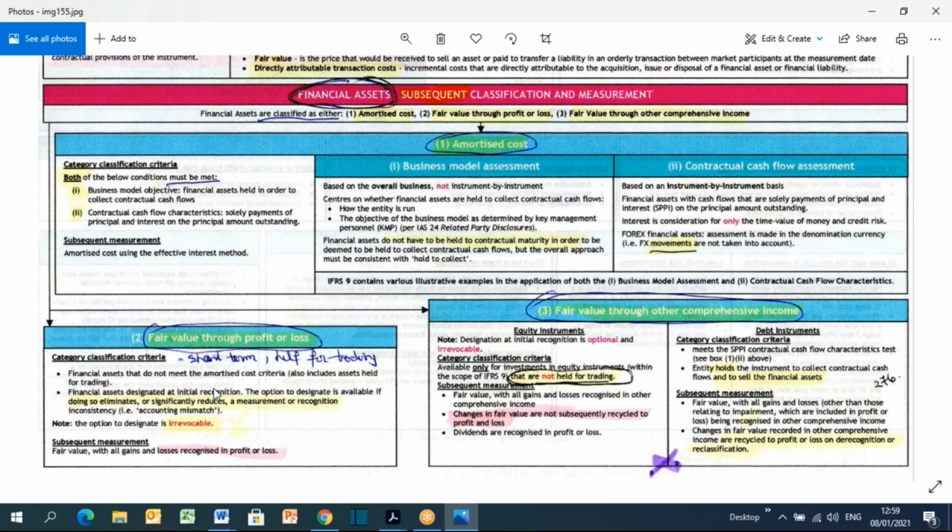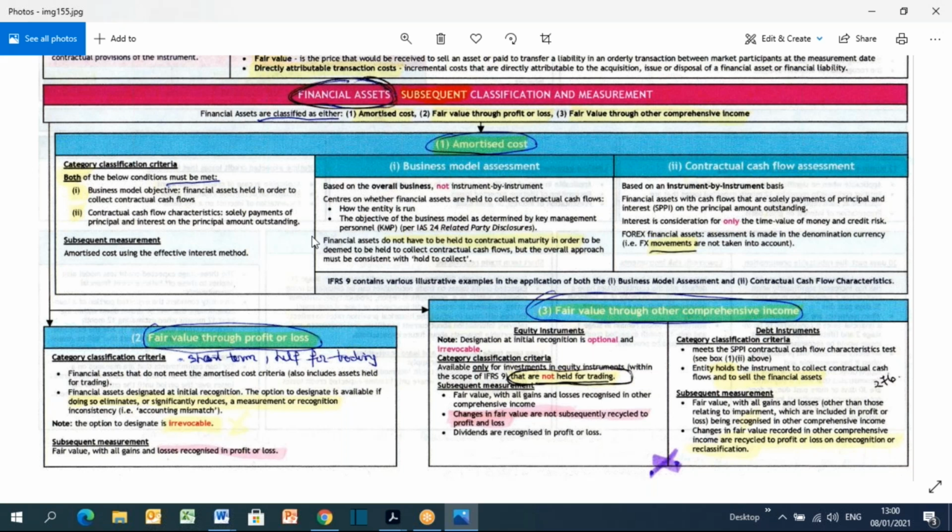Because it has to be updated often, so use that for the short term, for assets that are held for trading. And fair value through other comprehensive income is used for certain equity instruments or debt instruments that are not held for trading. By doing questions you will understand the standard and the definitions easily.